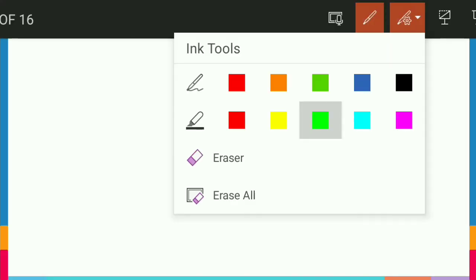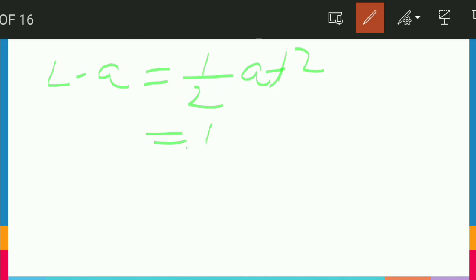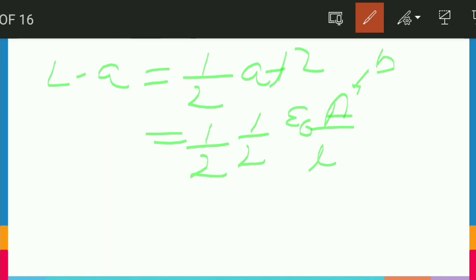So friends, we can apply the second equation of motion, that is L minus A, which is the distance traveled, equals half a t square. So half a, we can write F by M, and F I have told you, it is equal to half epsilon naught A by L. And you will be thinking how I have written it, it is nothing but, friends, our b, the breadth. We have divided the area of the plate by its length to get the breadth.